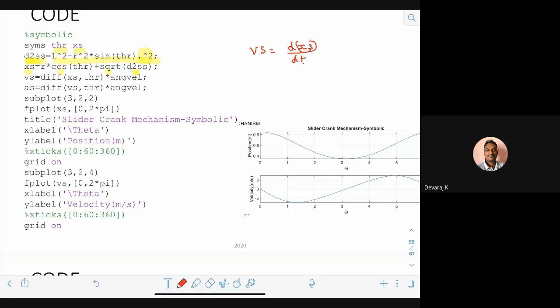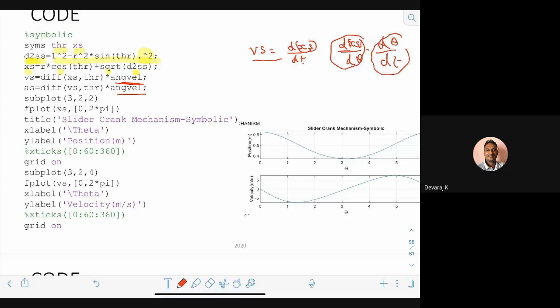Therefore, you write it as dxs by d theta into d theta by dt. So when you differentiate xs with respect to theta, I need to multiply it by omega to get vs. Therefore, you can observe that omega is multiplied here. Simply say vs is equal to diff of xs with respect to thr, times omega, and then acceleration is diff of vs with respect to thr, and again multiplied by the angular velocity.